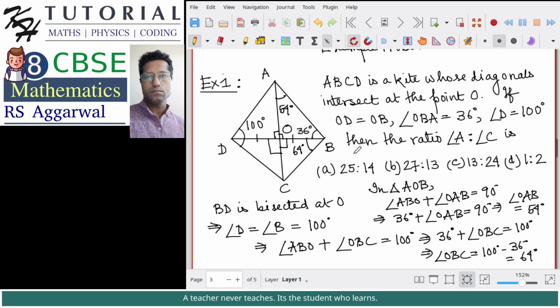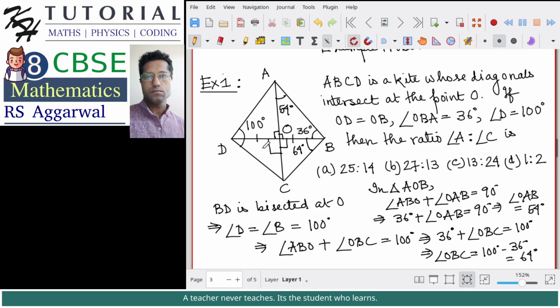Now, it is not given which are the pair of equal adjacent sides.